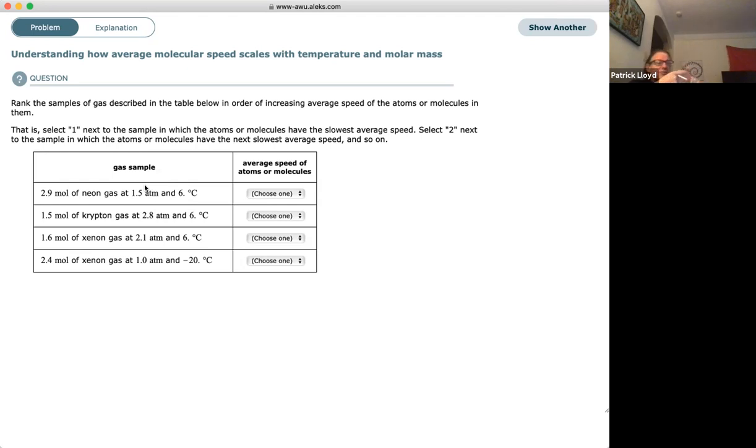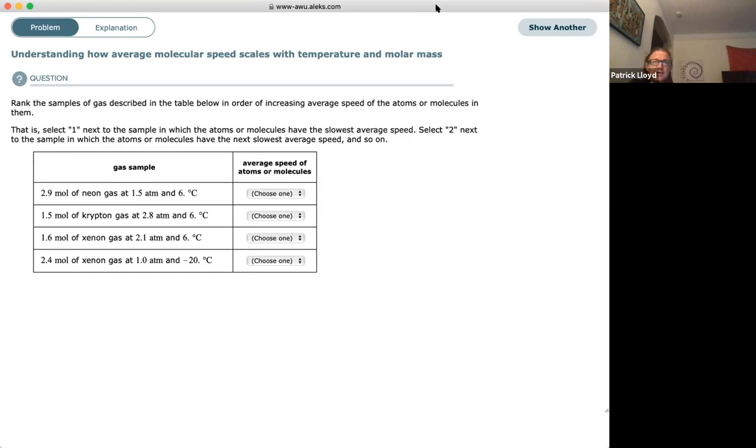So the two factors that are important are temperature and molar mass. The higher the temperature, the faster they move on average. The higher the molar mass, the slower they move on average. So you want to look for the gas that has the highest temperature and the lowest molar mass, and that will give you the fastest one. The one with the lowest temperature and the highest molar mass will give you the slowest one.